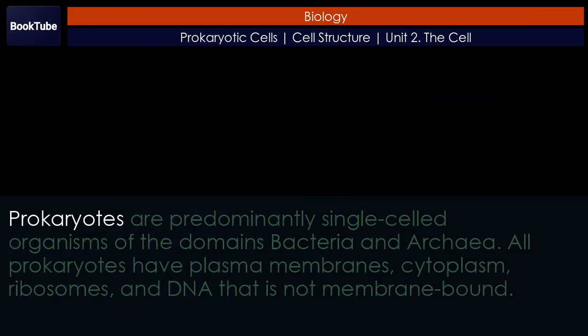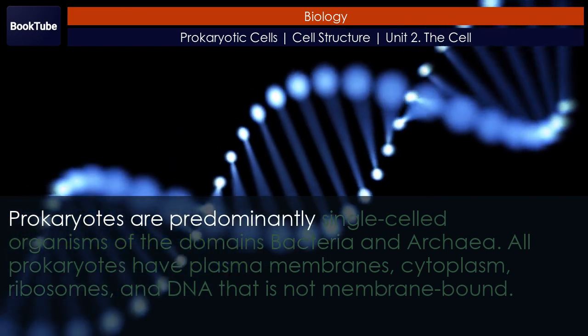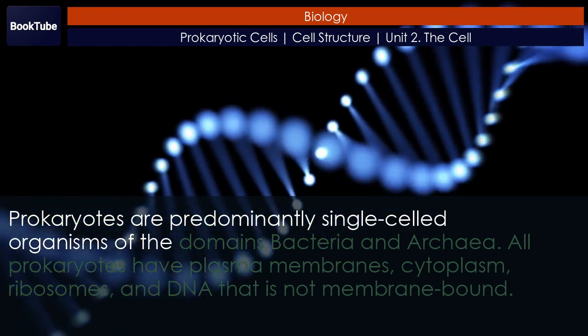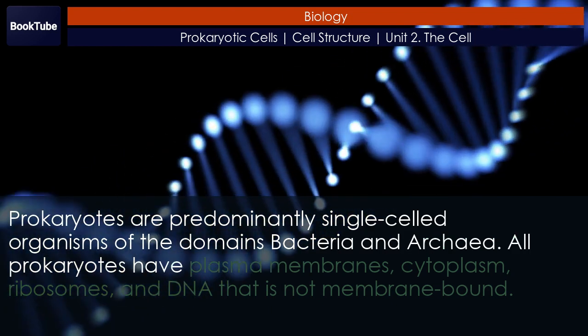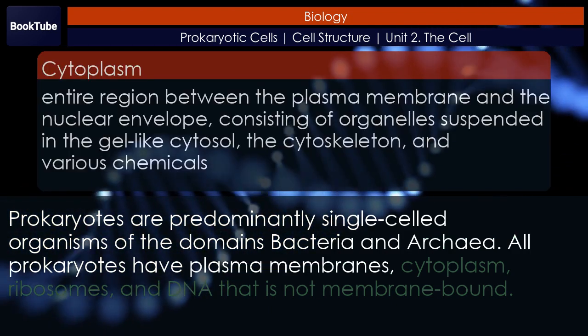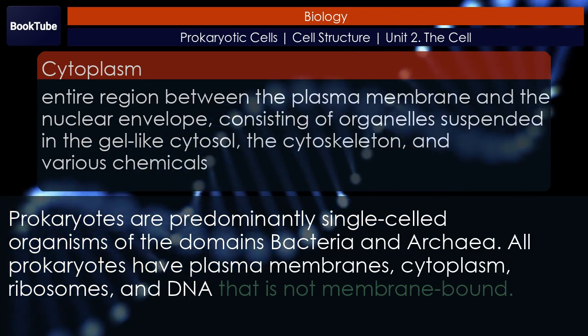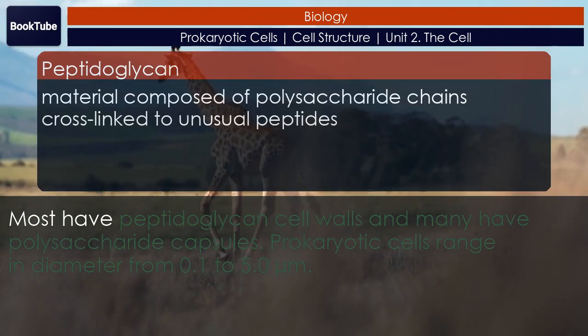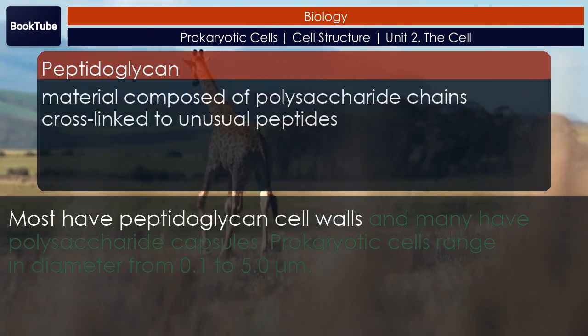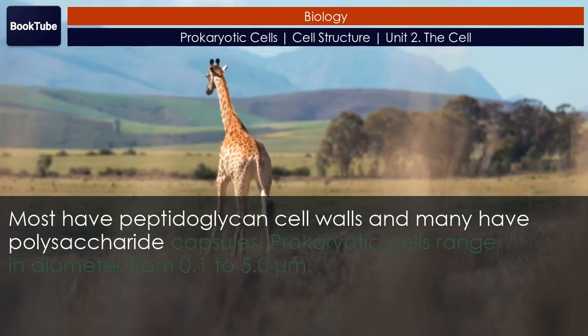Section summary. Prokaryotes are predominantly single-celled organisms of the domains Bacteria and Archaea. All prokaryotes have plasma membranes, cytoplasm, ribosomes, and DNA that is not membrane-bound. Most have peptidoglycan cell walls and many have polysaccharide capsules.